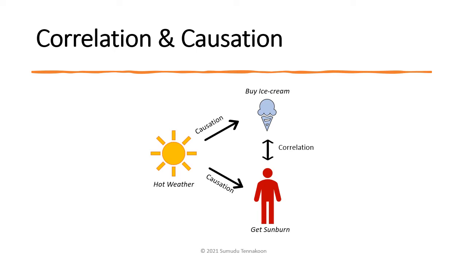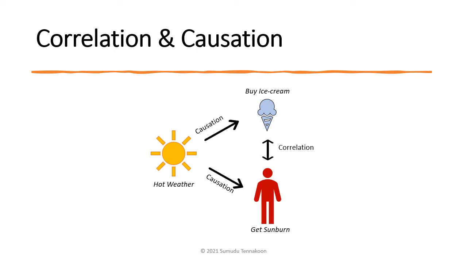So if we conclude that eating ice cream can create sunburn, or the other way, that sunburn makes people buy ice cream, can we make a relation? It could be related, two events are related, but that is not causation.